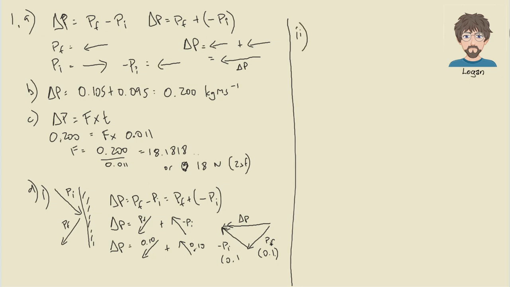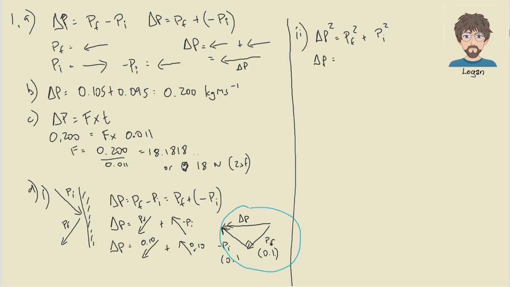To show that the size of the change in momentum of the ball is 0.14. Well, here's our diagram, and we just want to use Pythagoras' theorem. I forgot to put an important thing on this diagram. This arrow here, the ball rebounded at right angles. That's a key aspect of it, a right angle here. So delta P, this is the magnitude of it, squared equals PF squared plus PI squared.